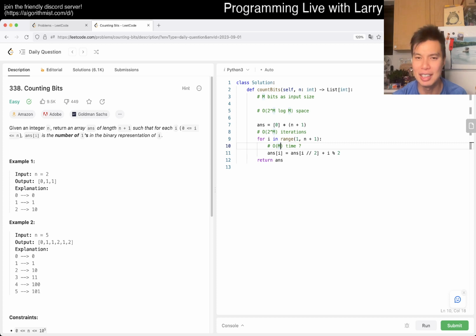Wait, no, this is the input size. Okay, so the m bits, fine. I was going to say something like this addition also takes O of m, but technically that's not true. Like we said, it takes log m space to represent this number. So technically, this addition would just be O of log m time, but then it gets dominated by this O of m thing of the right shift.